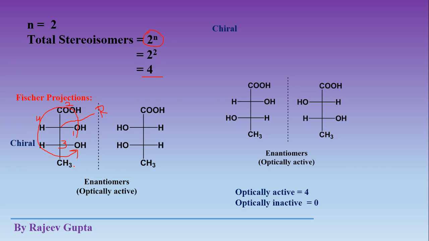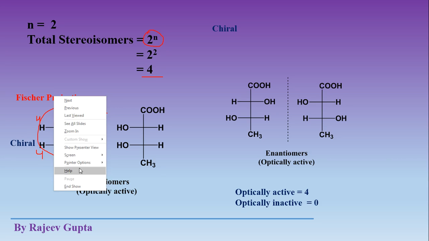Now check this portion. This oxygen will get 1, and this will get fourth.